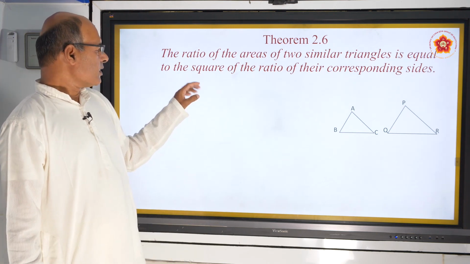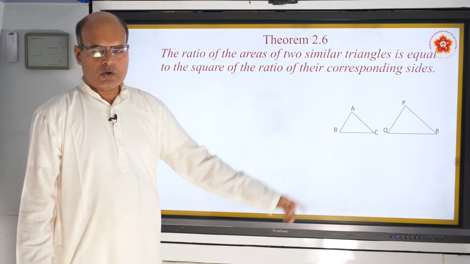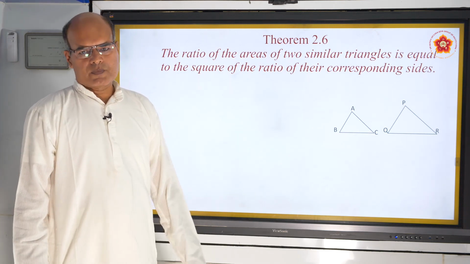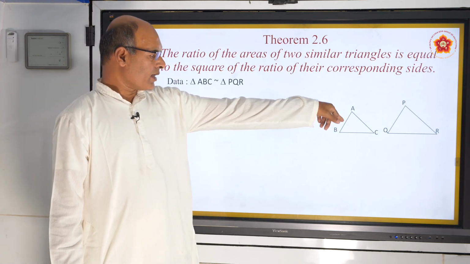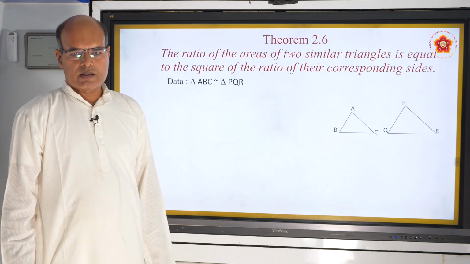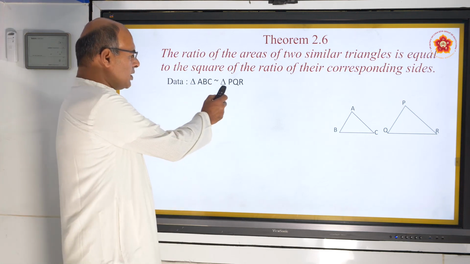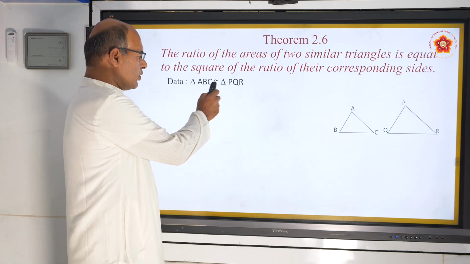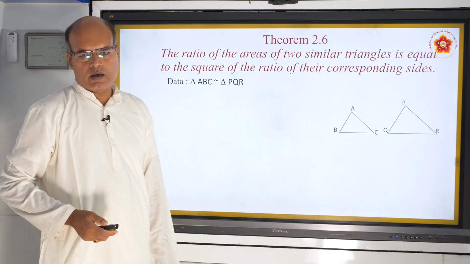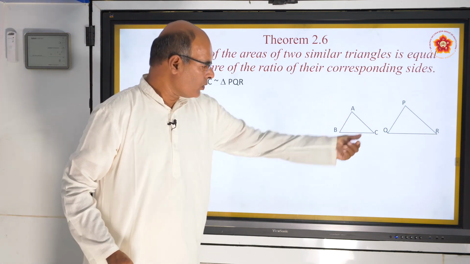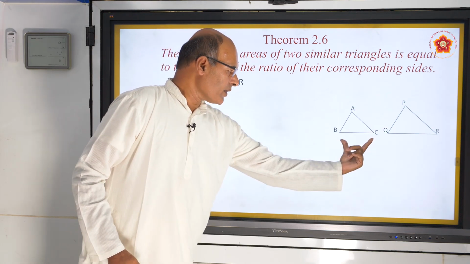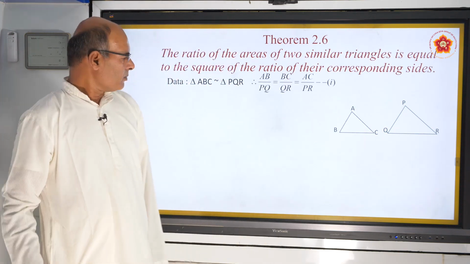Then the data is the explanation of the hypothesis related to the diagram. So the data is triangle ABC and triangle PQR are similar triangles. That means angle A is equal to angle P, angle B is equal to angle Q, and angle C is equal to angle R. And also the ratio of the corresponding sides AB by PQ is equal to AC by PR, that is equal to BC by QR.